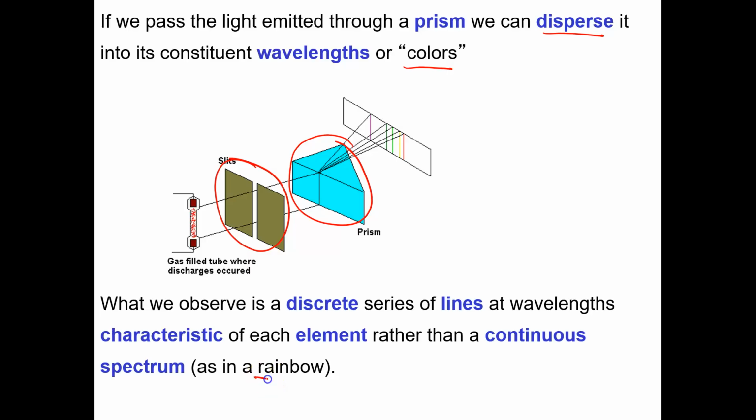Rather than getting a continuous rainbow, what you get is a series of discrete colored lines that is always the same for a given element, but every element has a different pattern of lines. So I'll show you what I mean.